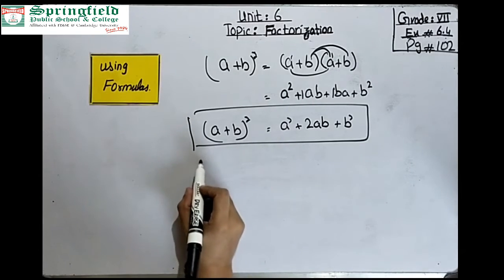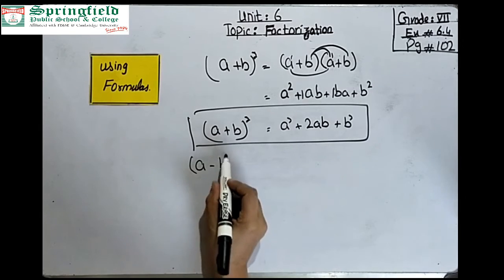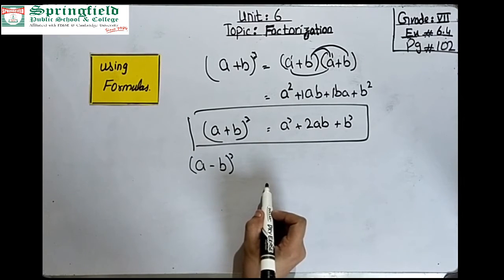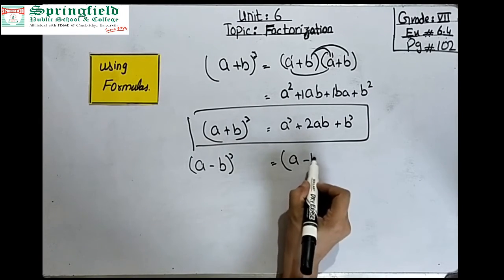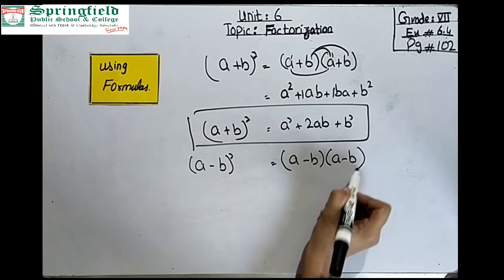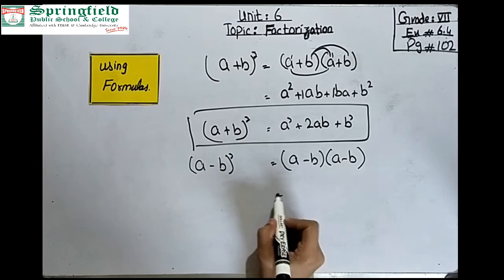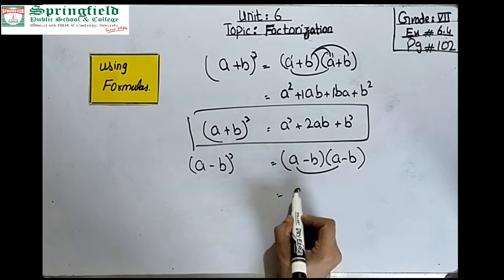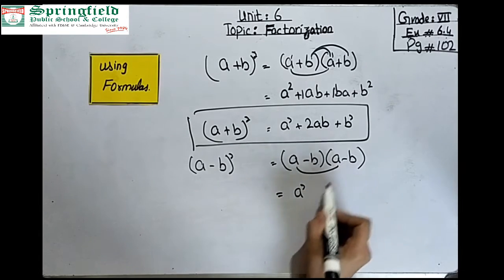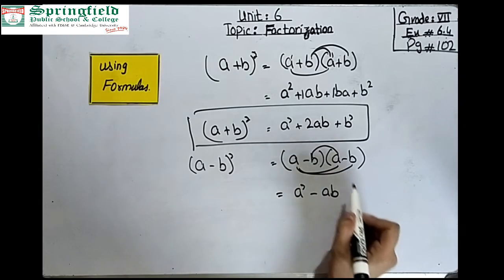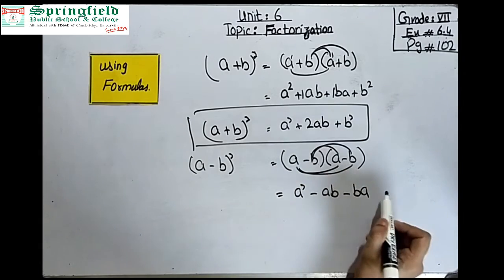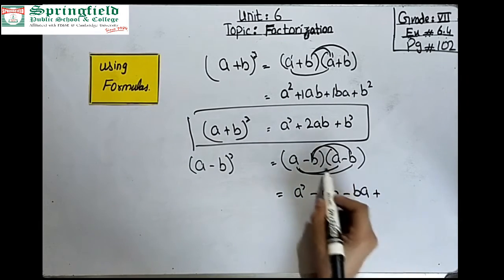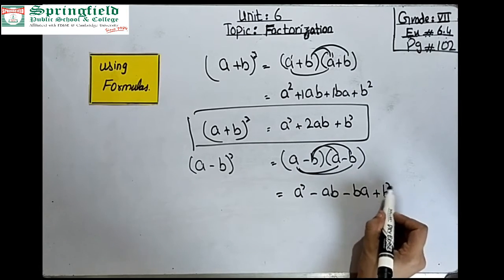Right? And the next formula is (a minus b) whole square. It means a minus b will be written 2 times. So multiply these two terms. a multiplied with a is a square, minus a multiplied with b is ab, then put the minus sign, ba, and then minus times minus will become plus, b multiplied with b is b square.